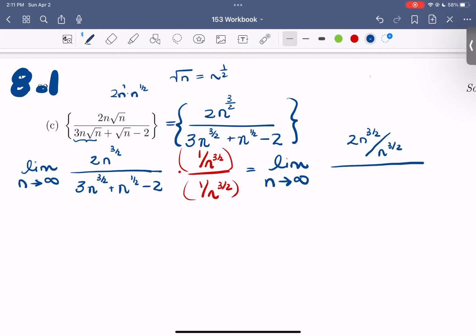Then we get in the denominator 3n to the 3/2 over n to the 3/2, plus n to the 1/2 over n to the 3/2, minus 2 over n to the 3/2. Lots of n to the 3/2s. So let's look at what cancels here. Well, lots of things cancel. These two n to the 3/2s cancel, and similar in the denominator.